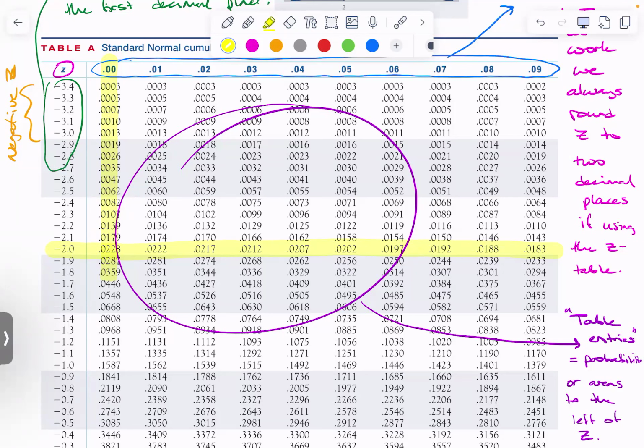But it's really easy for your eyes to jump around on there, right? And so I use the highlighter on here, and you're welcome to use the highlighter, but there's going to be a lot of them that you're doing, so it might get confusing. And so here, from this table, from negative 2.00, I have an area to the left of 0.0228.